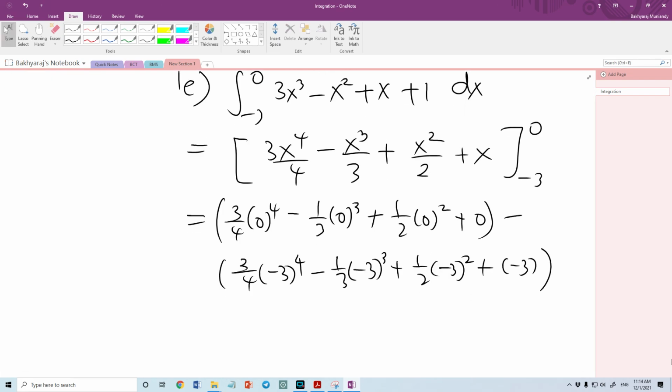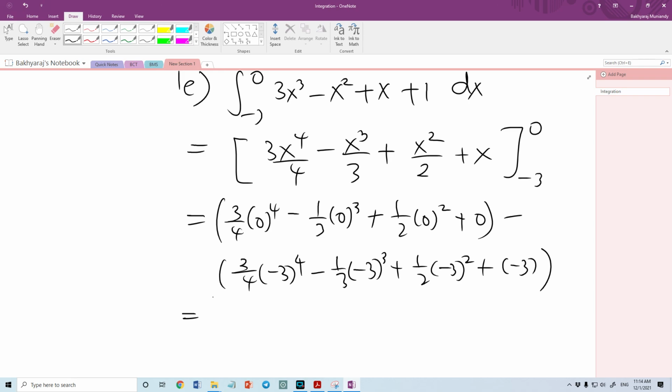Now program your calculator: 3 over 4 x to the power of 4 minus 1 over 3 x to the power of 3, plus 1 over 2 x to the power of 2 plus x.